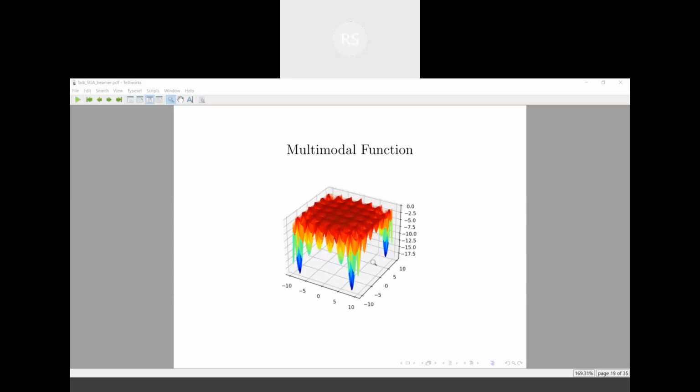So this is multimodal. And here there will be some minimum, can you see this? As far as this region is concerned, this is the local minimum. There are so many local minimums, but what we are interested in is the global minimum. In this case, there are 1, 2, 3, 4 global minimums. Okay.